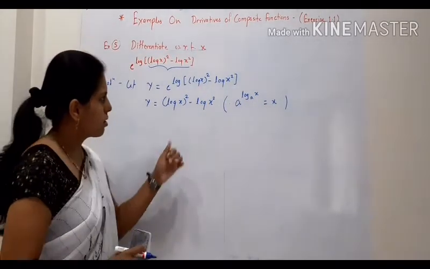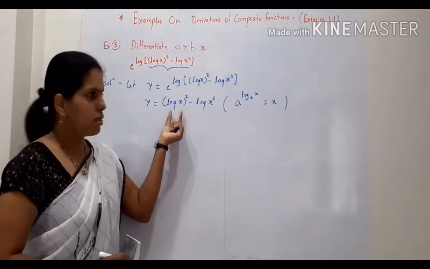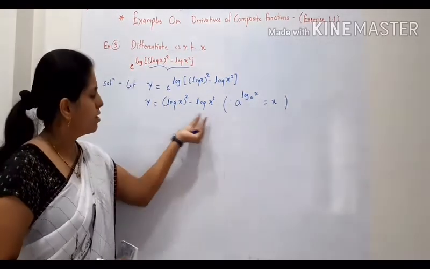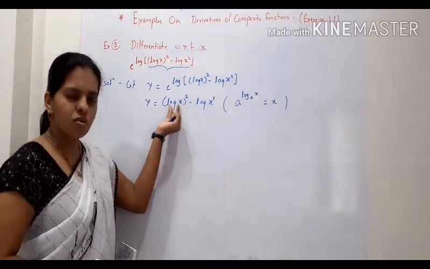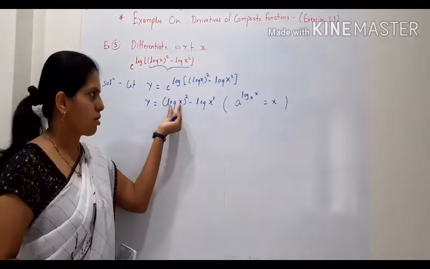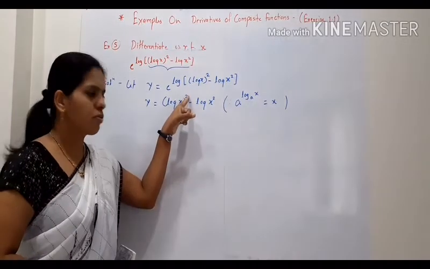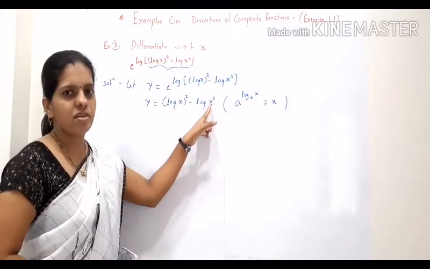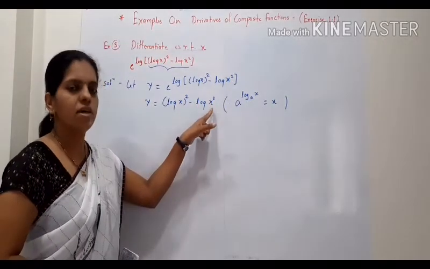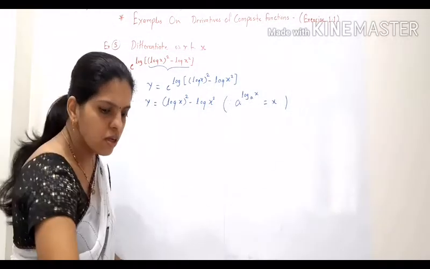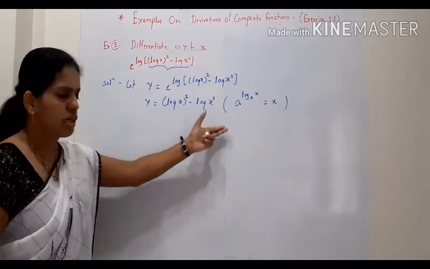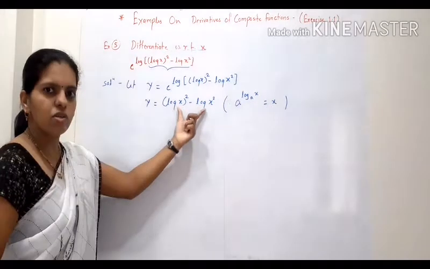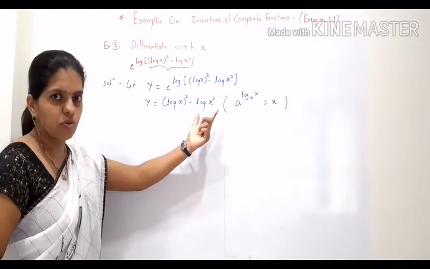Now see, these are two different logarithmic composite functions. Here the square is taken of log x, and here it is just x square, log of x^2. So firstly, we differentiate this. As there is subtraction of two functions, we take the separate derivative of these two functions.